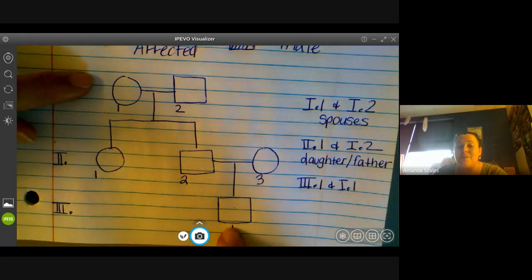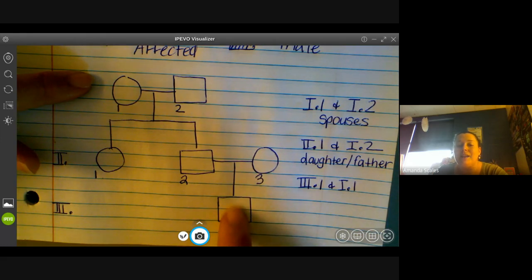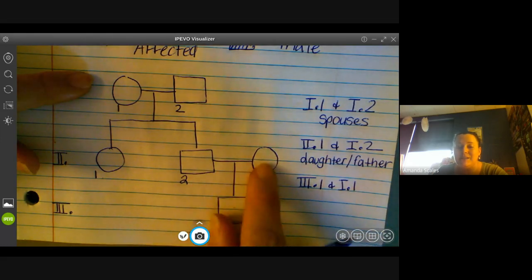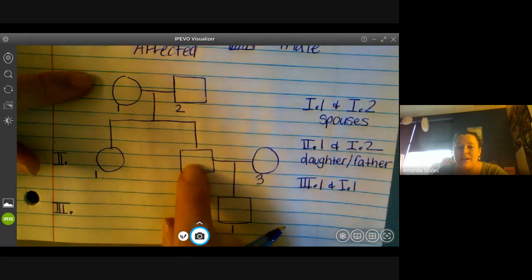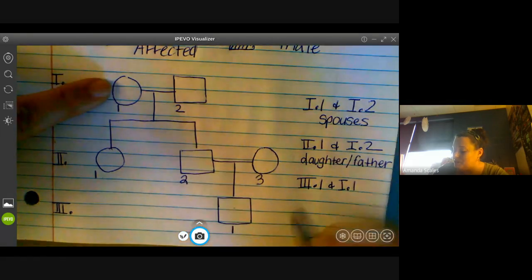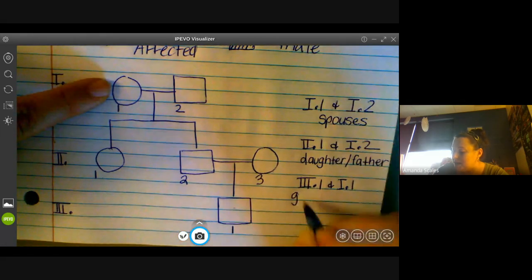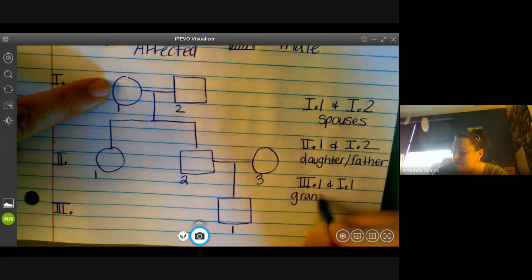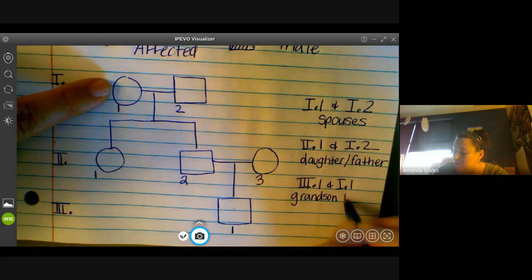You probably already guessed it, but the way you do this is you say, I know this is a square because it's a boy, or it's a boy because it's a square. And I know these are his parents. That's his father, and then that's his father's mother. So that is his grandmother. So it is a grandson down here and a grandmother.